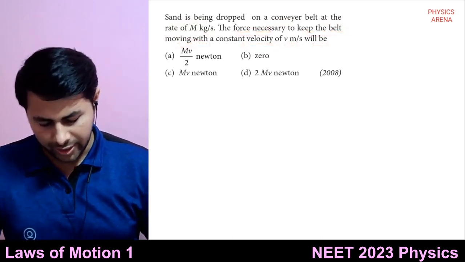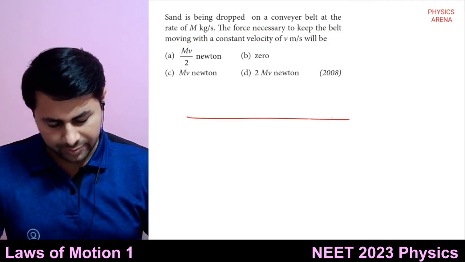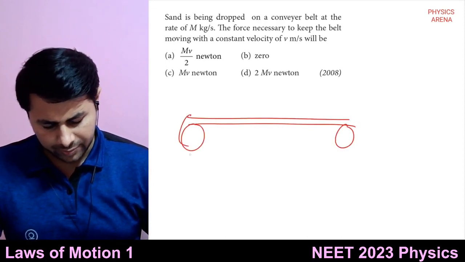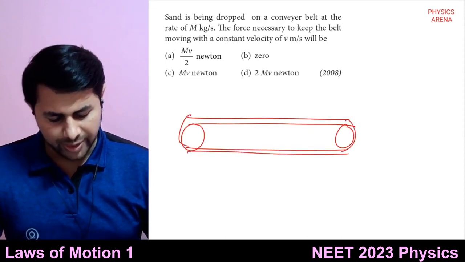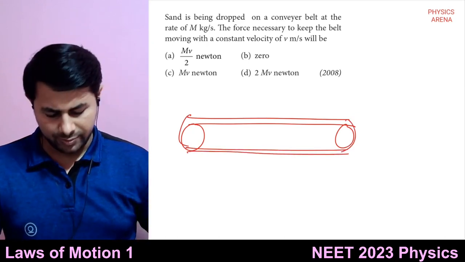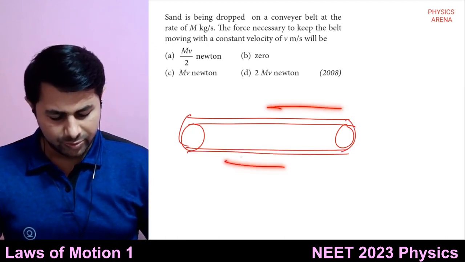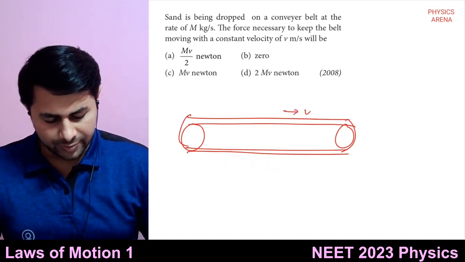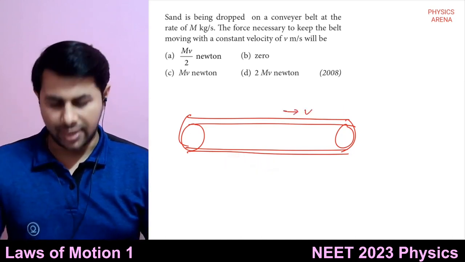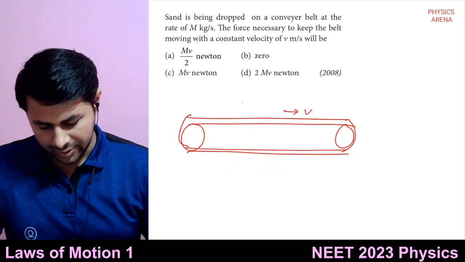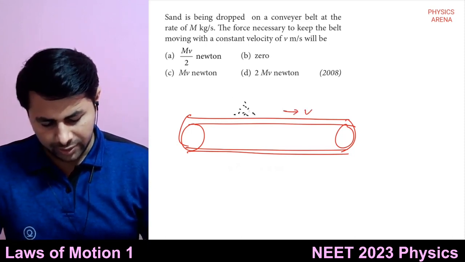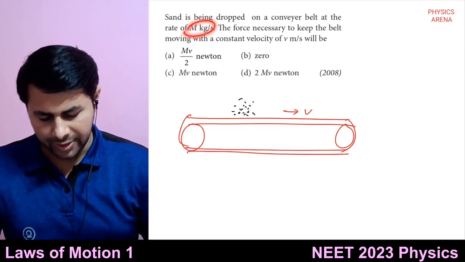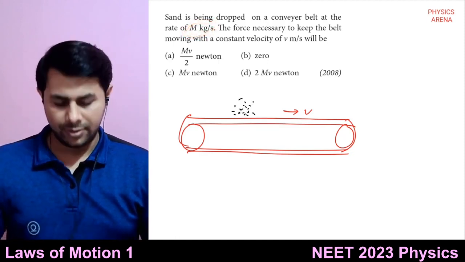So here you have a conveyor belt like this. This belt keeps on moving with some speed v. And now you are dropping some sand on this conveyor belt at the rate of m kg per second.